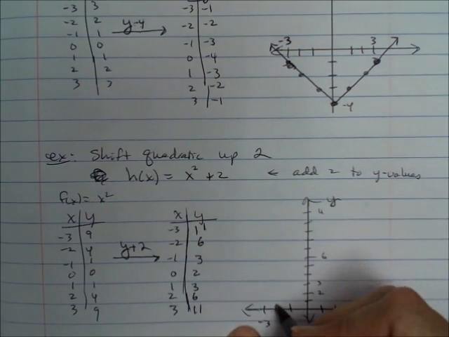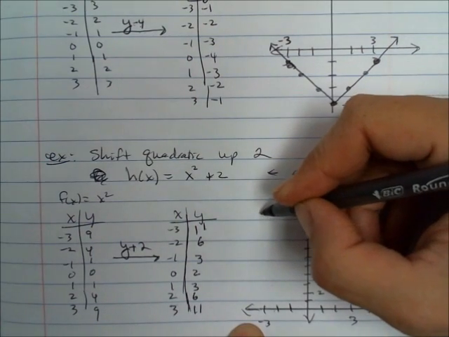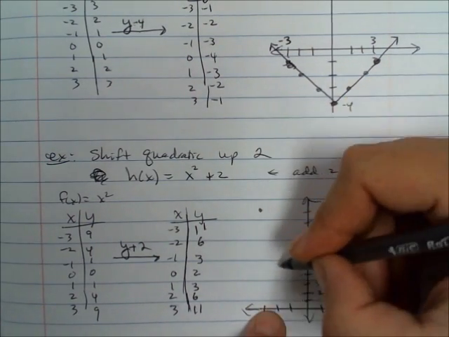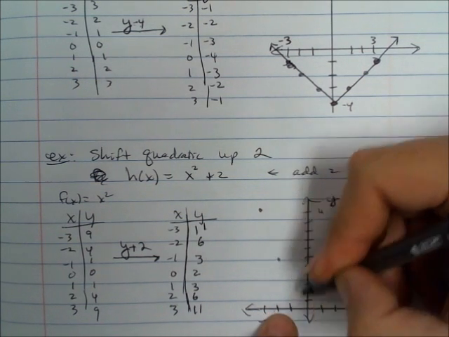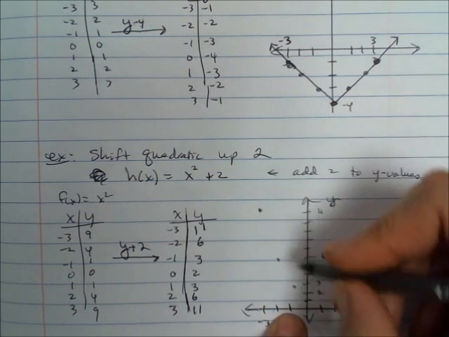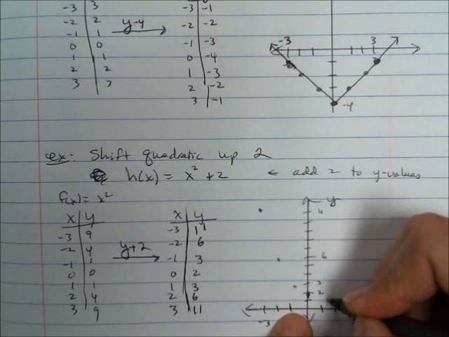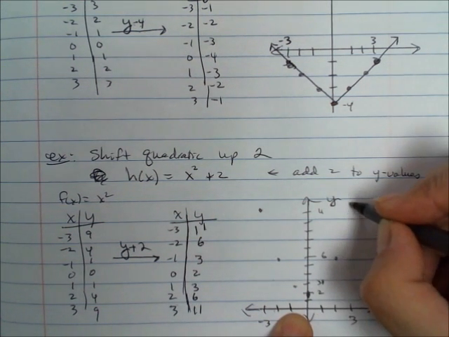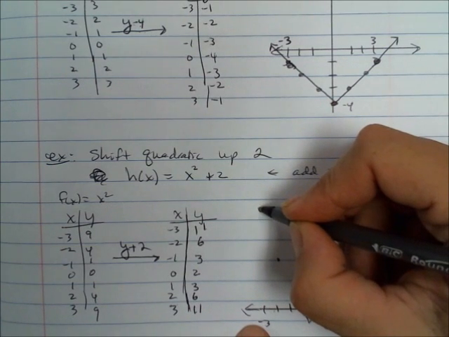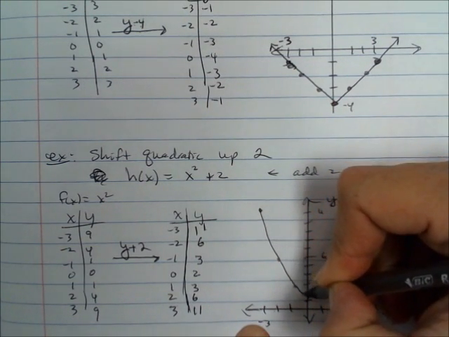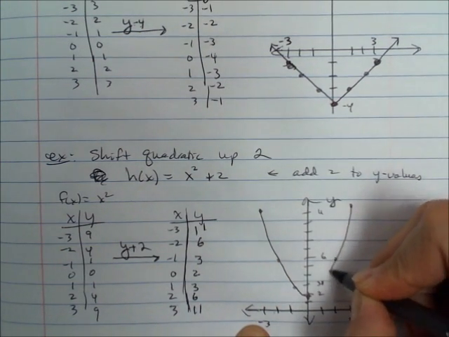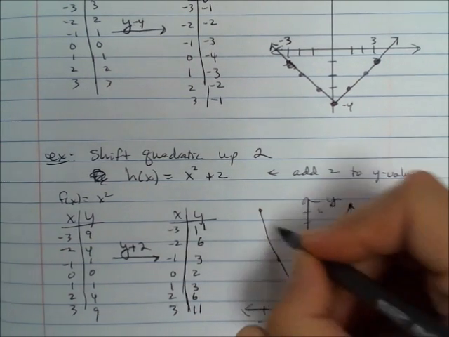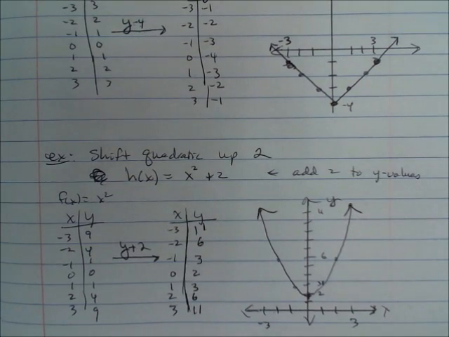So (-3, 11) is our start. (-2, 6). (-1, 3). (0, 2) is our y-intercept. (1, 3). (2, 6). And (3, 11). So here's our parabola. Nice U-shaped graph with arrows on the end. So there you go. And that's a complete list of shifting examples.